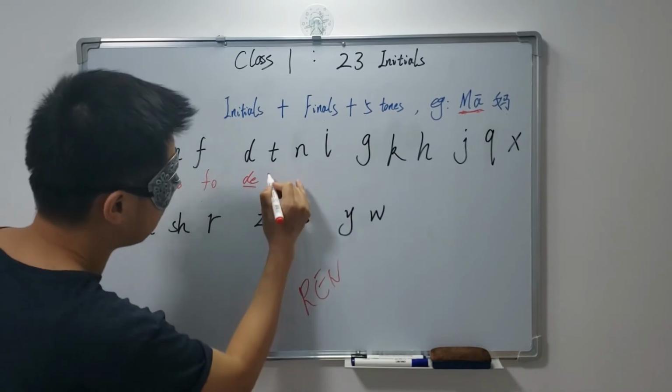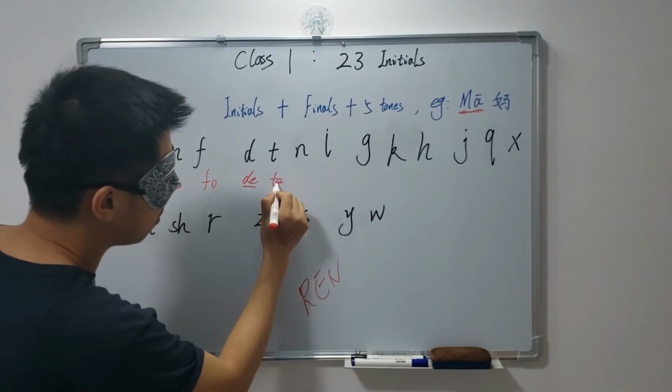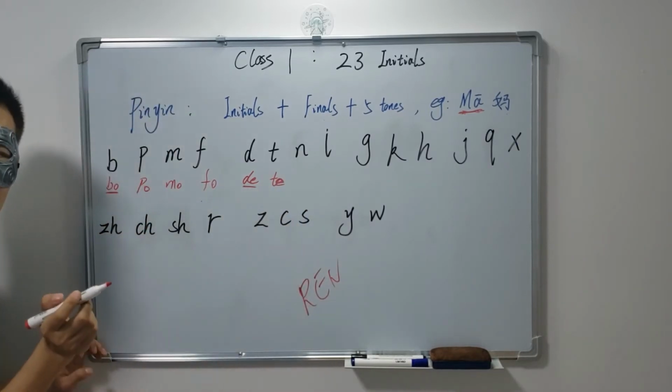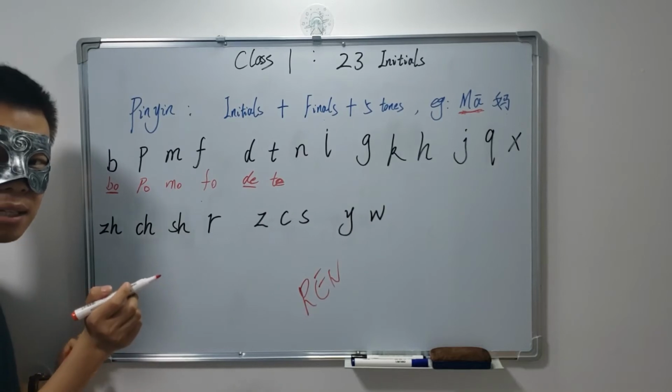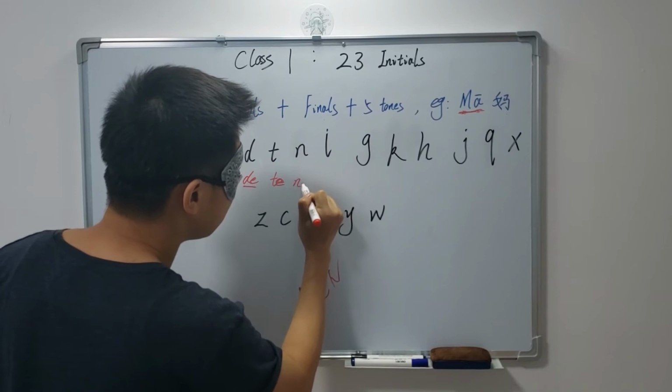Then next, this one is te. Like Tesla. This one is ne.